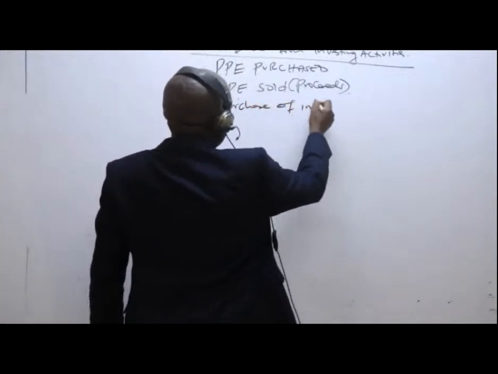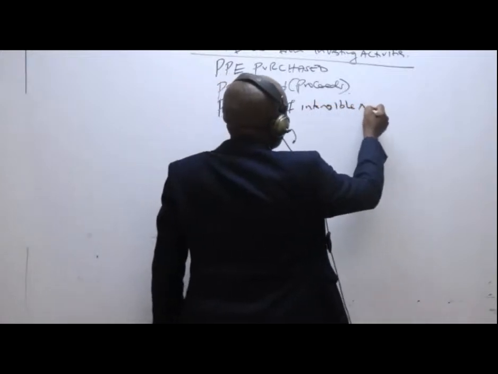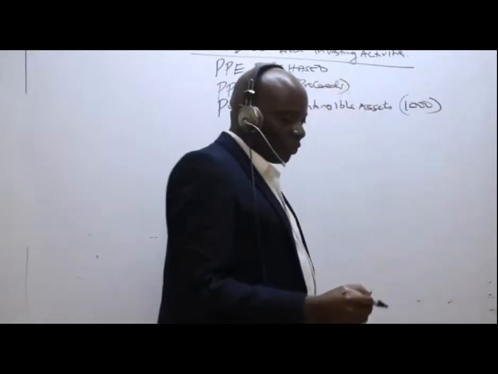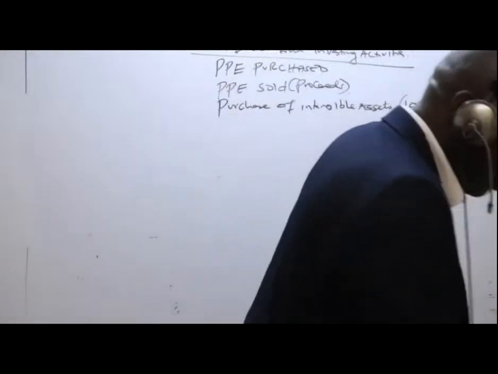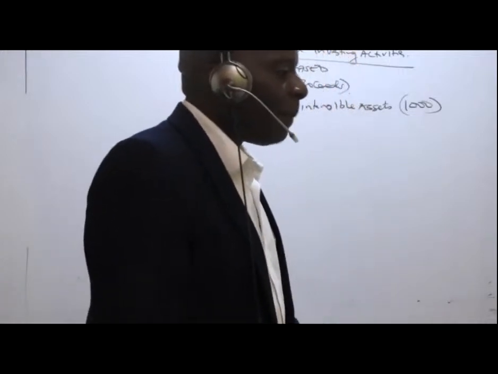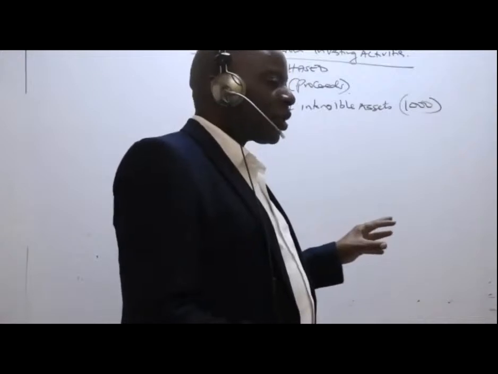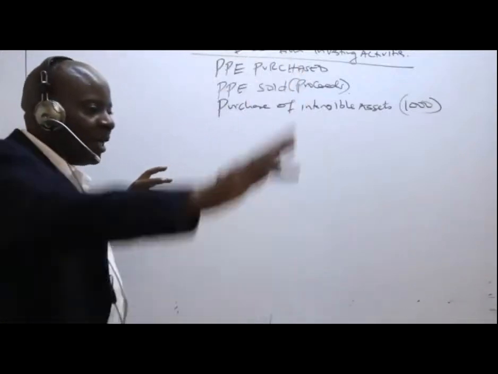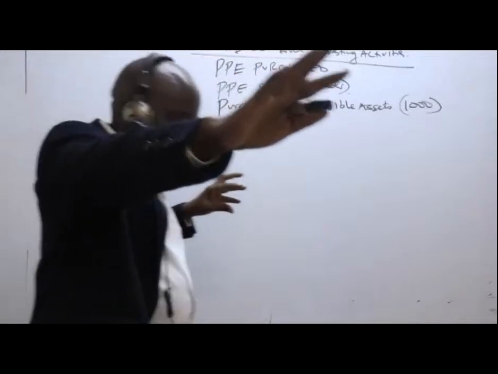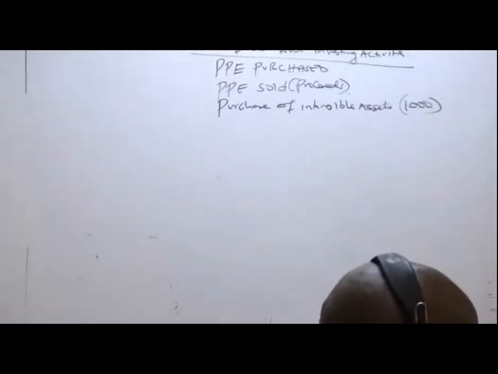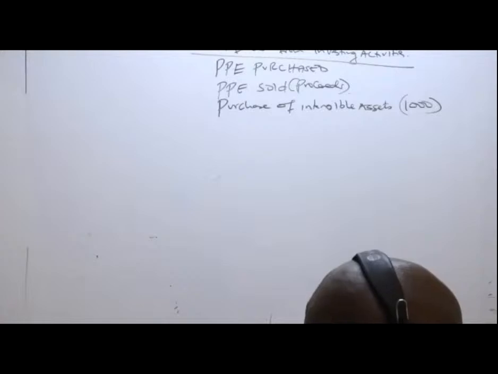I'm putting this in brackets simply because the intangible asset came, money left. It's a cash outflow.